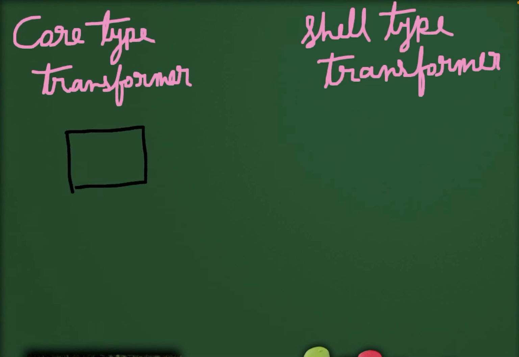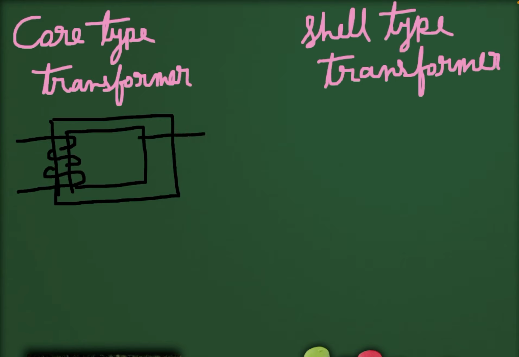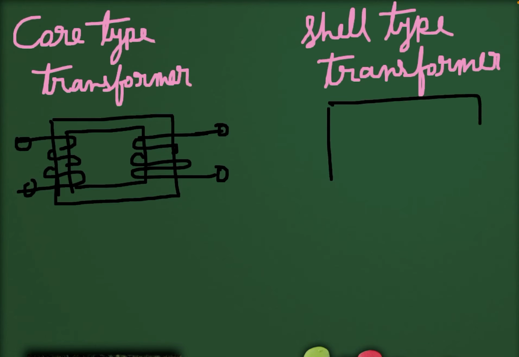You can see in the diagram the core type transformer. This is the construction of the core type transformer, while this is the shell type transformer.